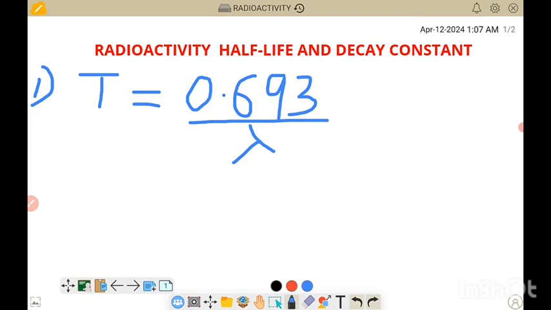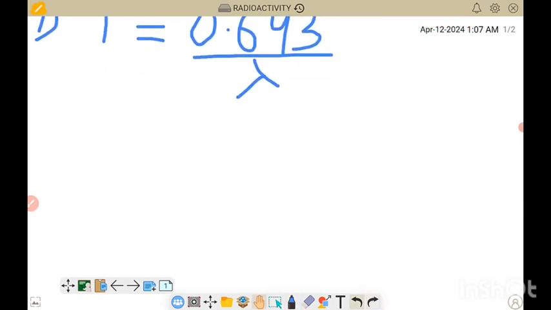Also, let's look at another formula that is very important here. We have another formula that we're going to be using in today's calculations.